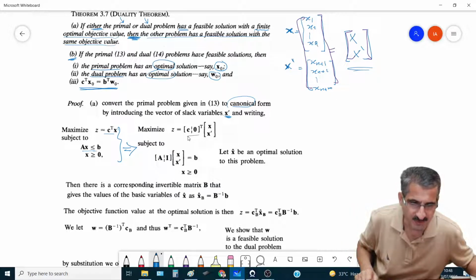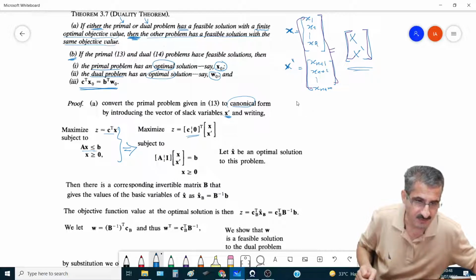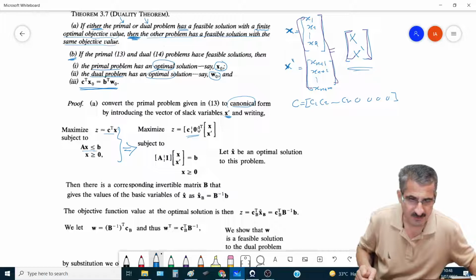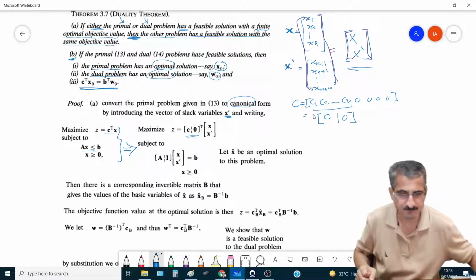Then the cost vector will be written this way, right? Then our C will be written using C1, C2 to Cn, and then you complete with zeros, right? This is what we mean by saying, okay, we will take this to be C, and then 0. This is what we mean here.